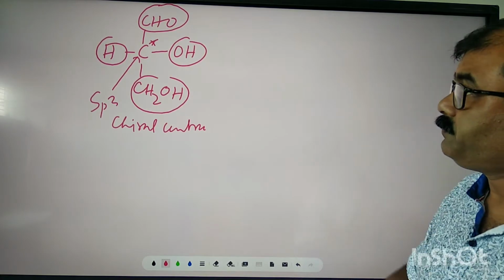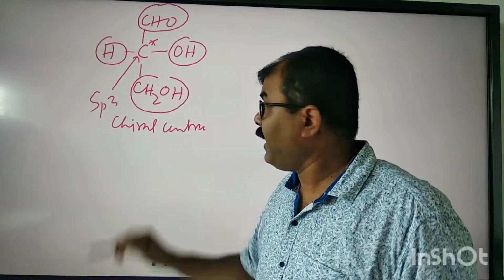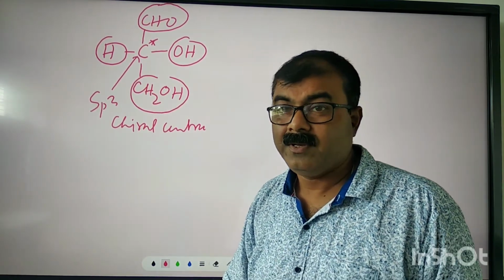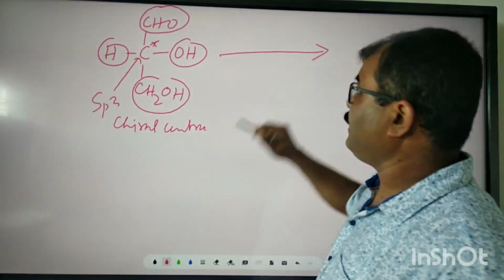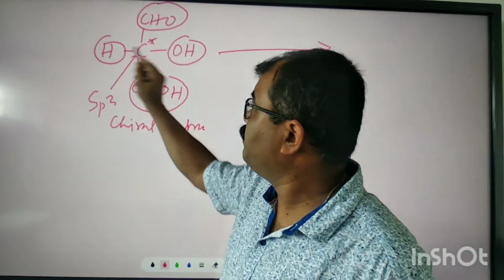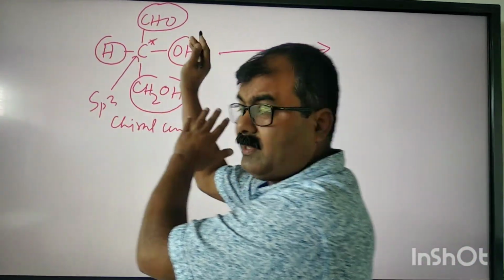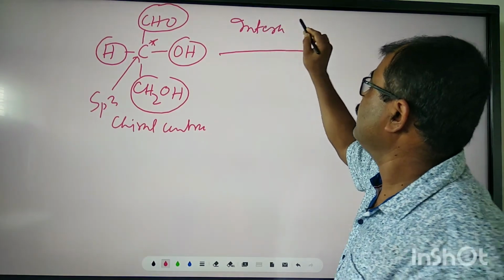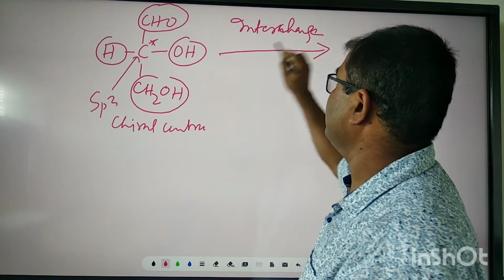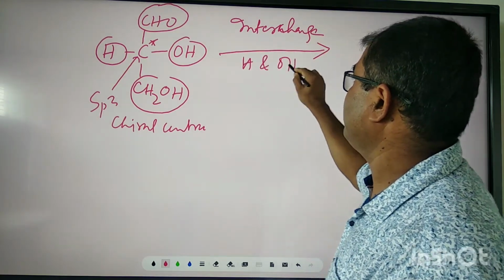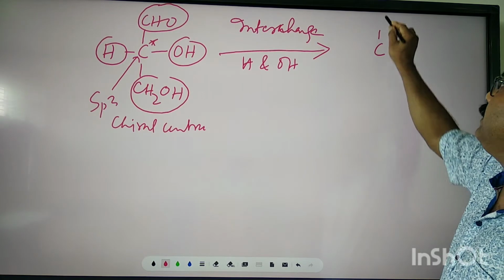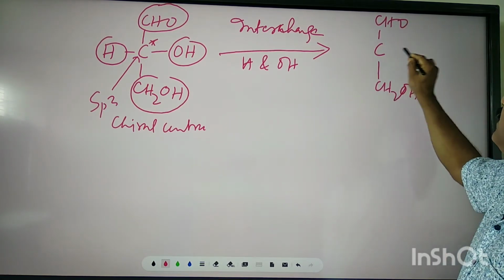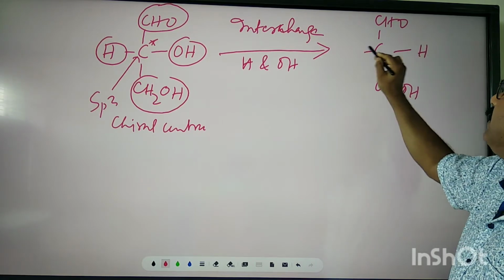Now let us check. Can we say this chiral center is stereocenter? To check that, you just interchange the groups. Interchange H and OH. After that, this will remain as it is, but this side H, this side OH.